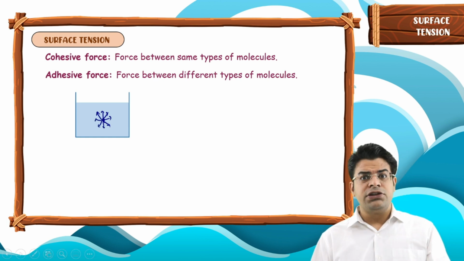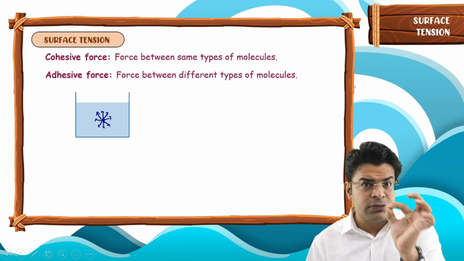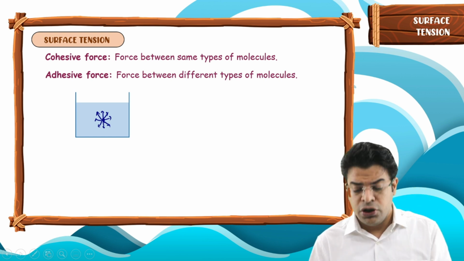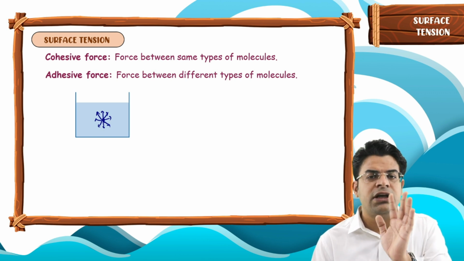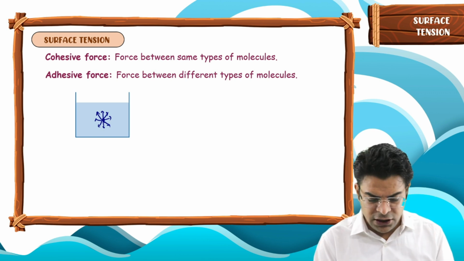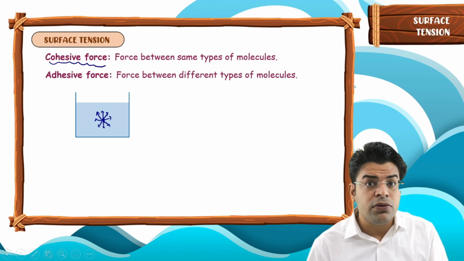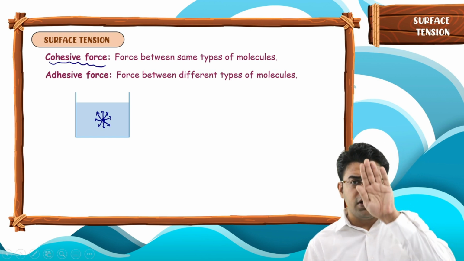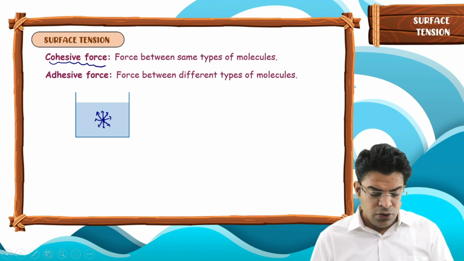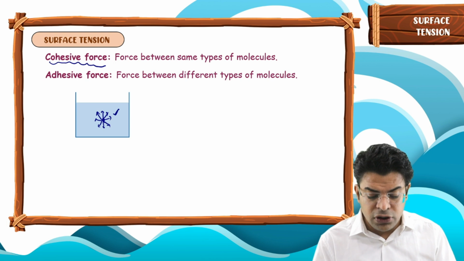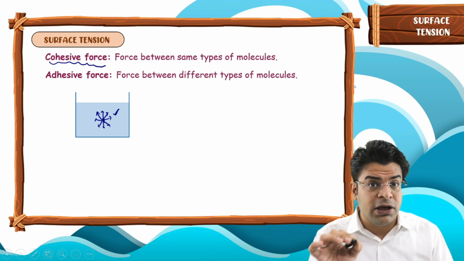If I ask you what is the net force on this bulk molecule due to all the other fluid molecules around it, you will say the net cohesive force will be zero. As force is a vector quantity, all the forces in all directions will cancel out each other.